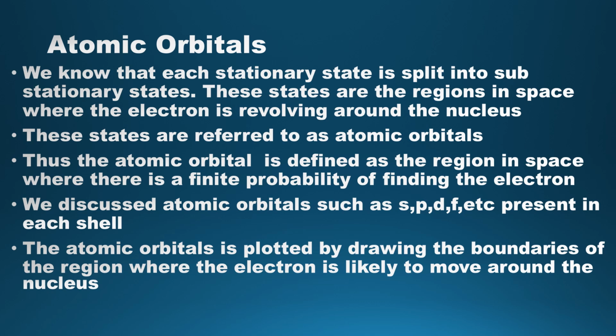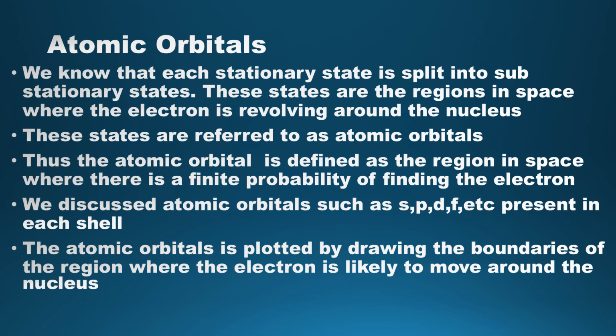Atomic orbitals. In the previous section, we learned that each stationary state is split into substationary states. These substationary states are the regions in space where the electron is revolving around the nucleus. These states are referred to as atomic orbitals.